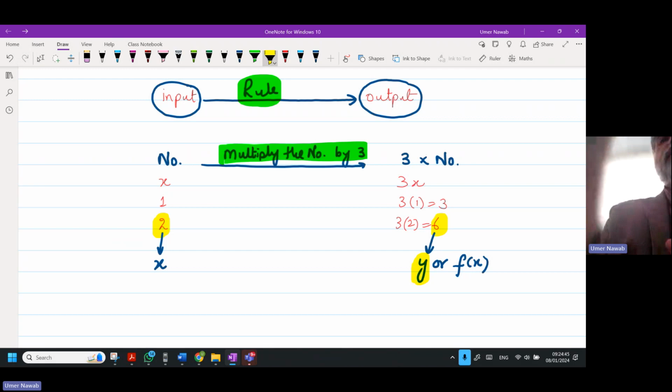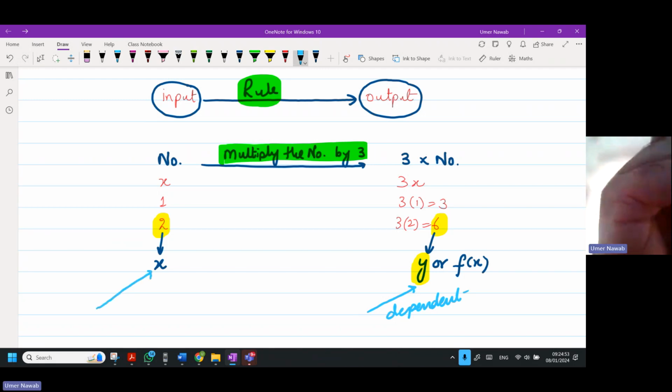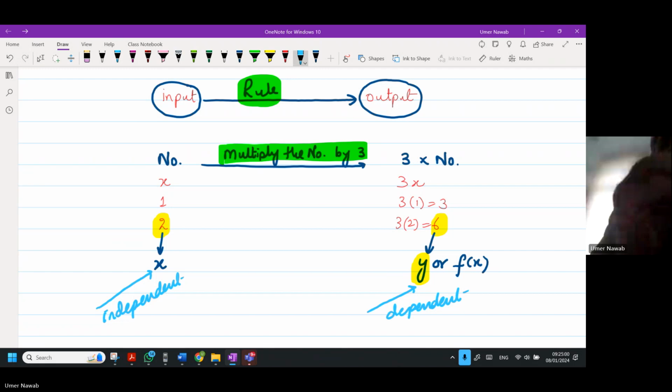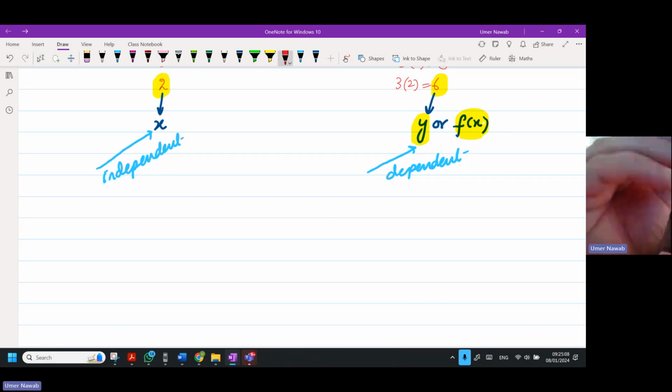That's why y is a dependent variable. And the choice of input was mine, so that's why x is the independent variable. Clear?